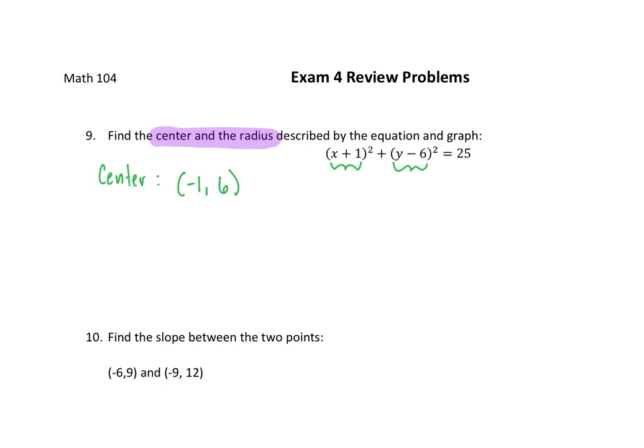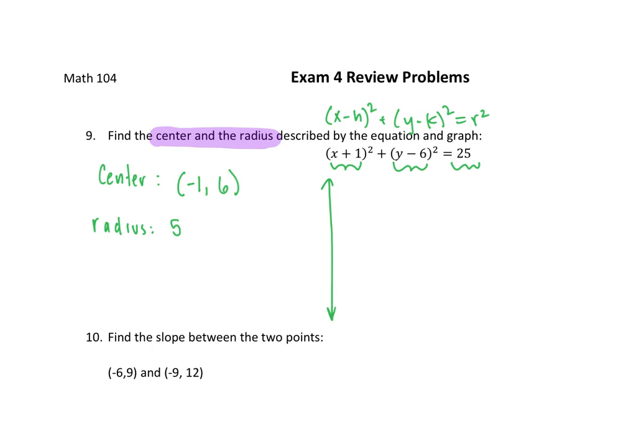The next thing you can find with this equation is the circle's radius. Also very simple. This is your radius squared. So if my radius squared is 25, what squared is 25? That would be 5. So there's a center at negative 1, 6 and a radius of 5.